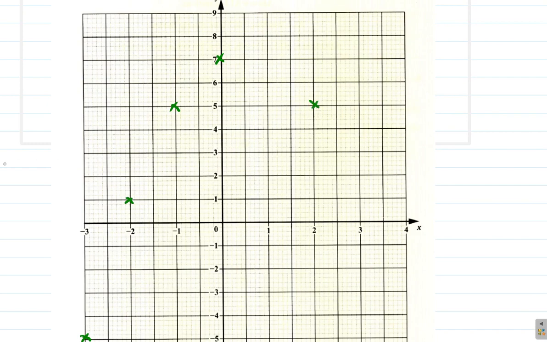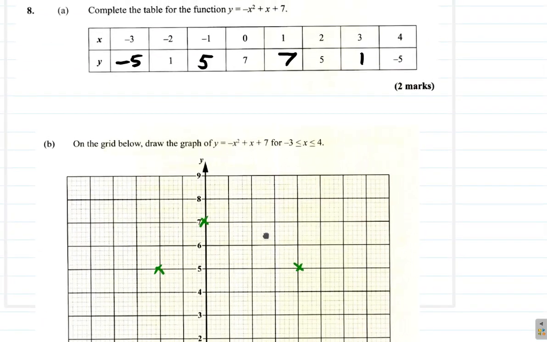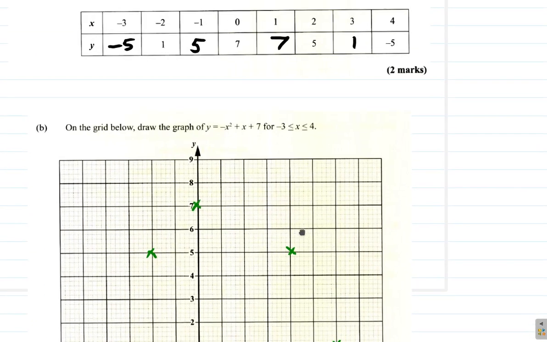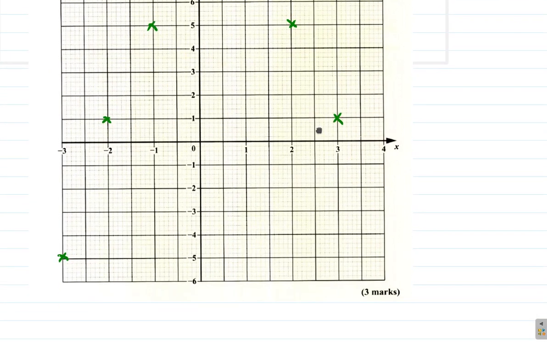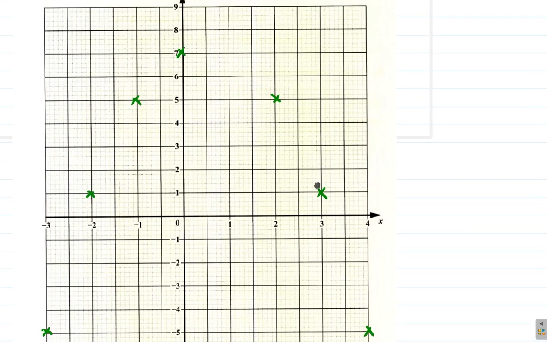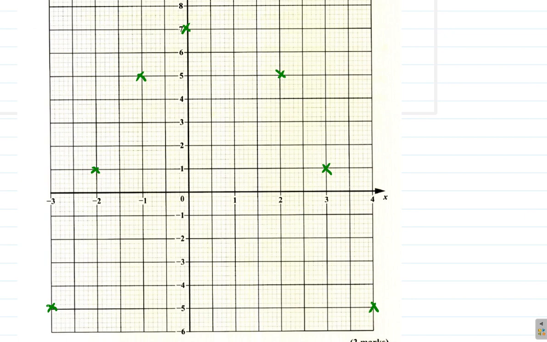Should be right here. 3, 1. X is 3, y is 1. 4, negative 5. Now, I'm going to try my hand at drawing a smooth curve. It should be a smooth curve. Do not join the points with straight lines, alright?